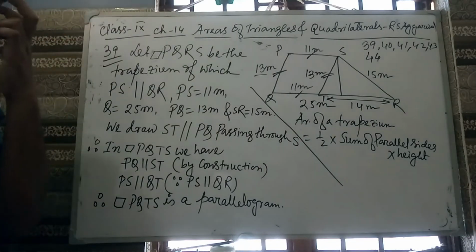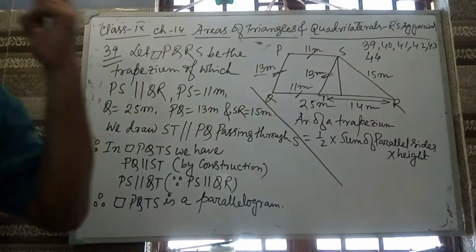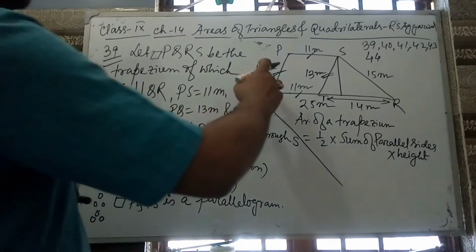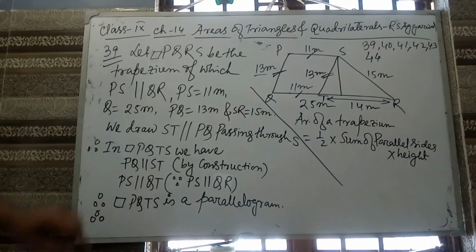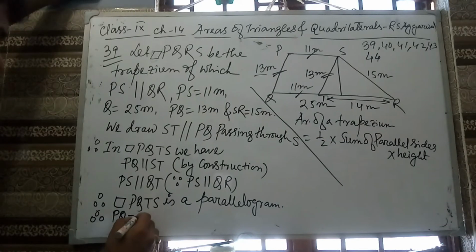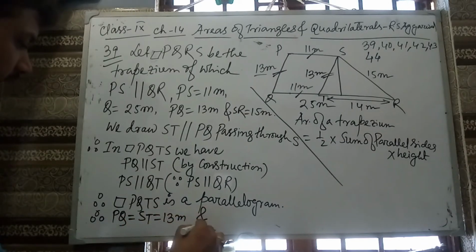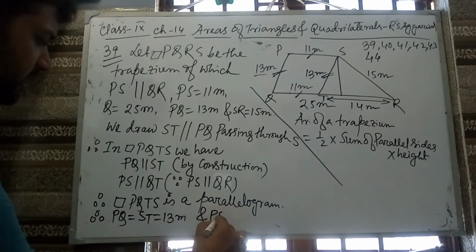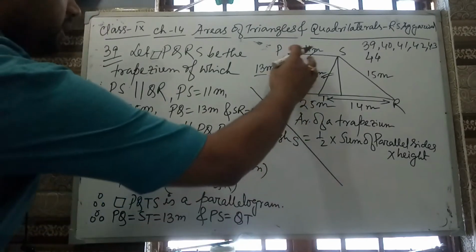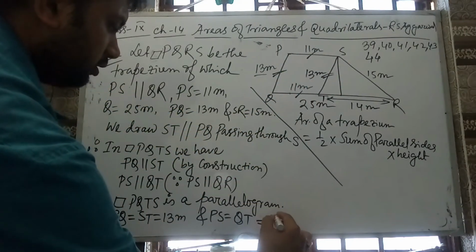Therefore, we obtain that PQTS is a parallelogram. Therefore, in a parallelogram, we know that the opposite sides are parallel as well as equal. Therefore, PQ equal to ST equal to 13 meter and PS equal to QT equal to 11 meter.